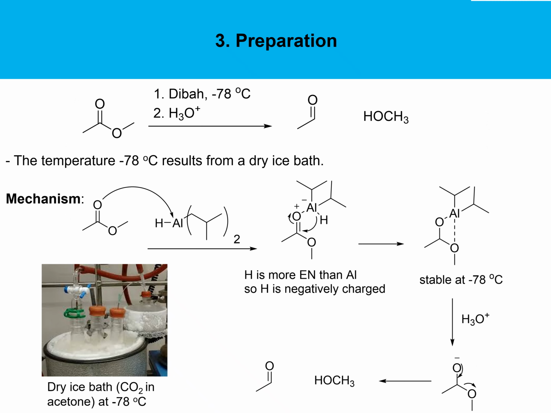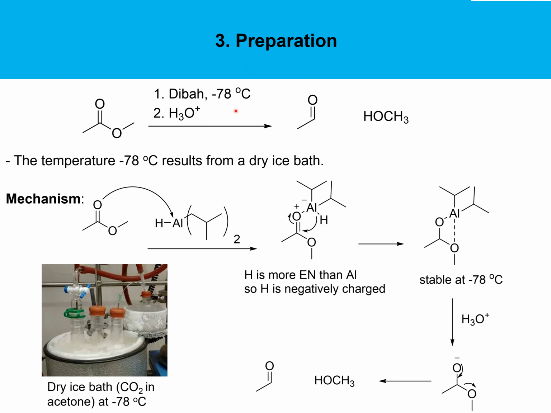DIBAL reduction of esters typically is done at fairly low temperatures. One of the most common temperatures that we use is negative 78 degrees Celsius. Now you might wonder what is so special about that temperature. Well, it turns out it's not that exact temperature that makes this reaction occur.